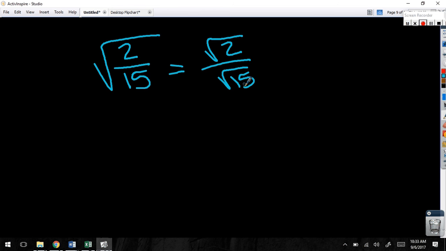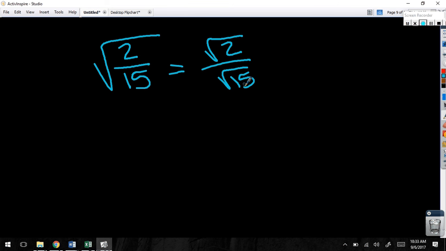The bottom, the 15, because nothing can go into 2. So you multiply by... What's the problem with the fraction now? The 15, right? It doesn't matter that there's a square root of 2 on top.